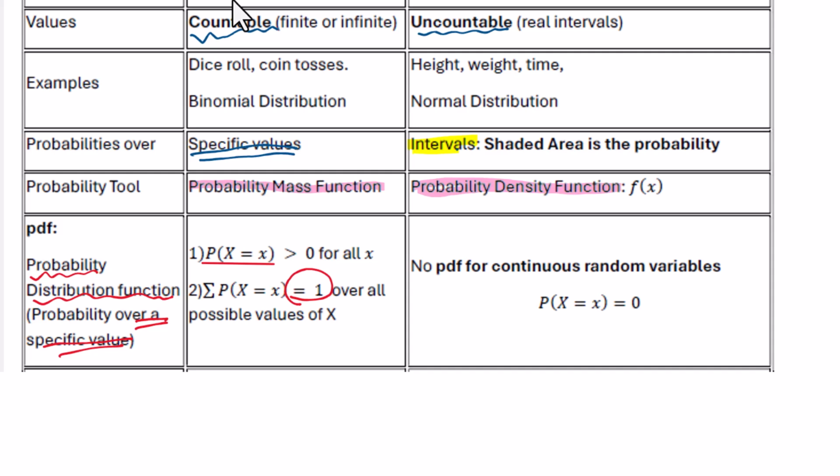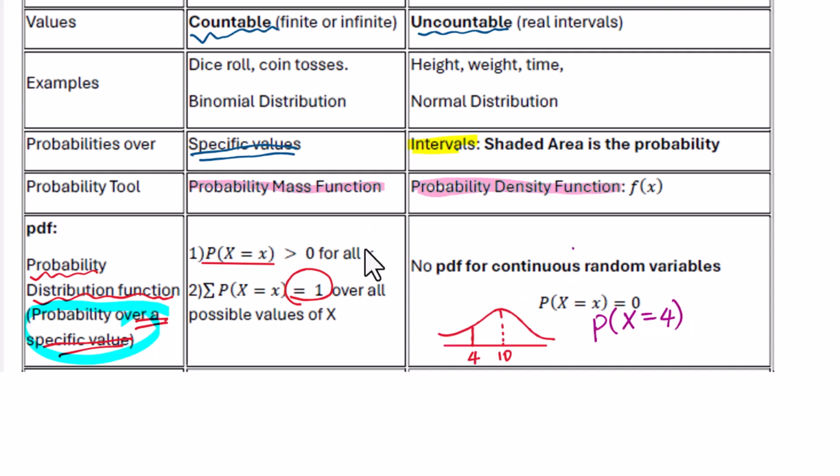There is no PMF for continuous random variables, which means we cannot find the probability over a specific value. So the probability of x equals any specific value equals 0.